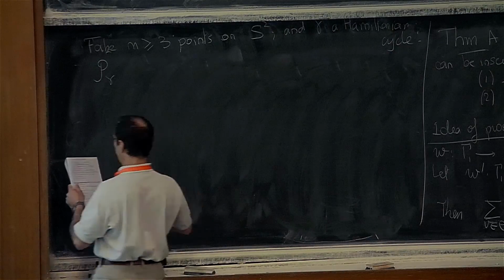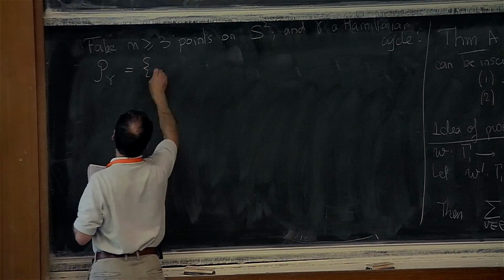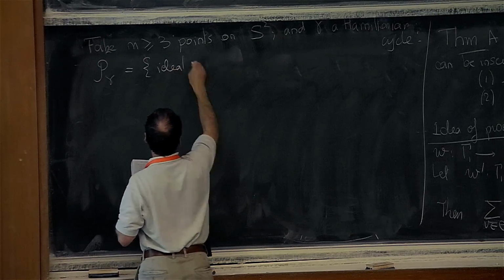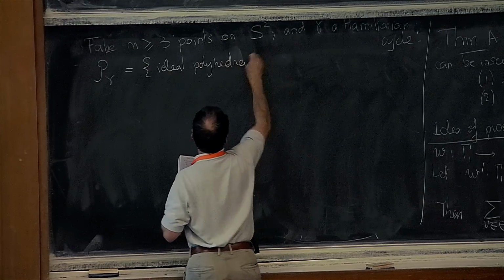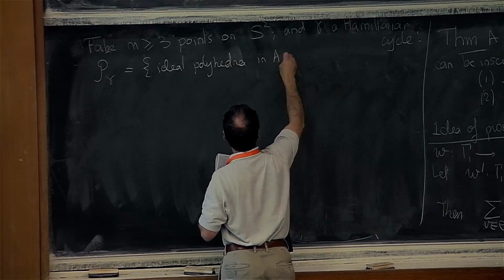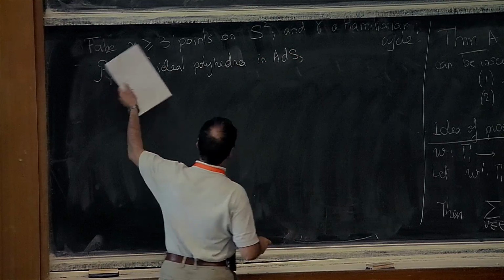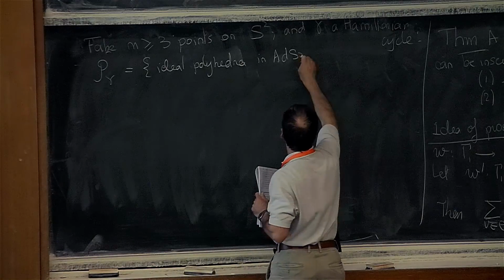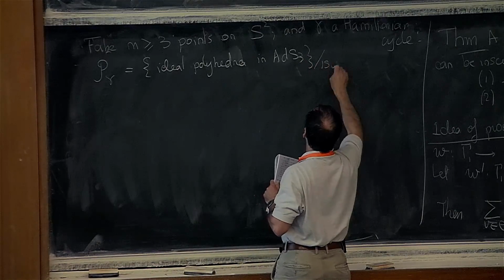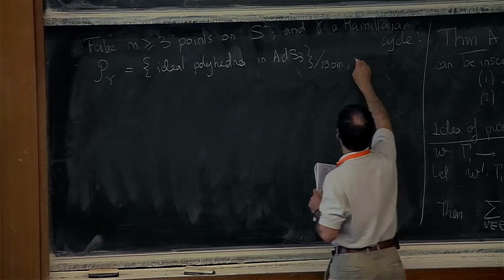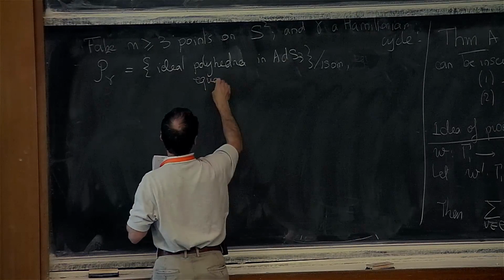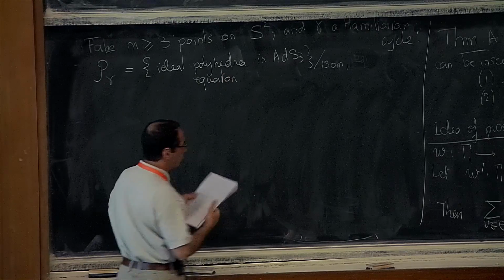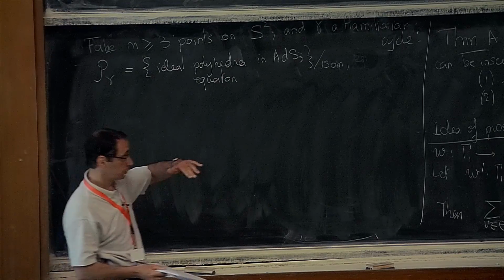So P gamma is going to be the space of ideal polyhedra in AdS with vertices identified with the marked points, up to global isometry, with equator. So equator meaning again the cycle separating the past disk from the future disk.